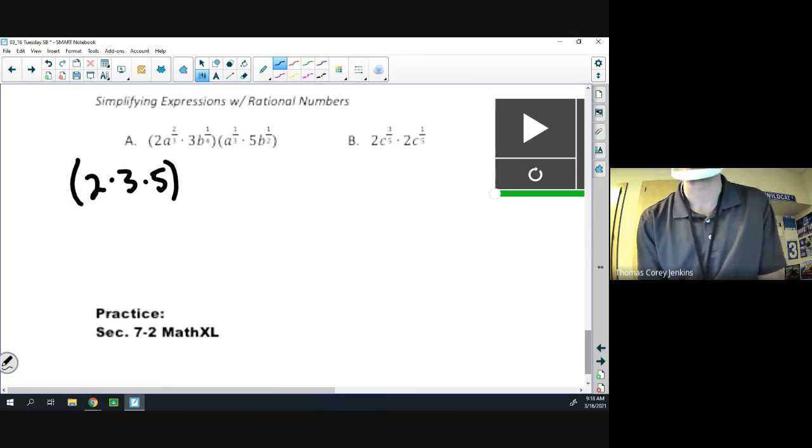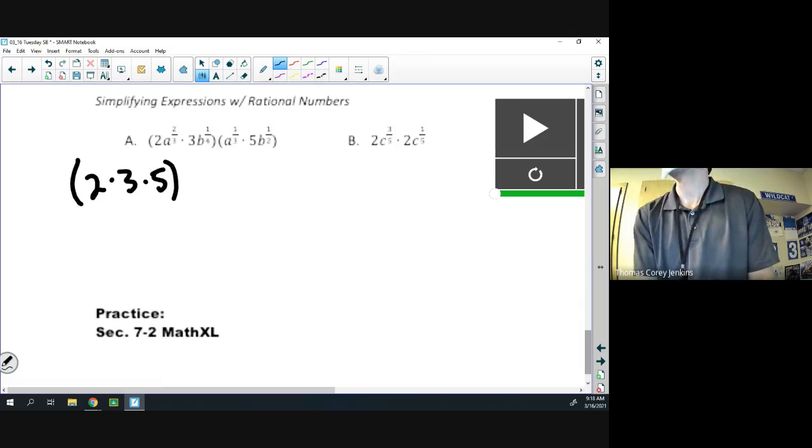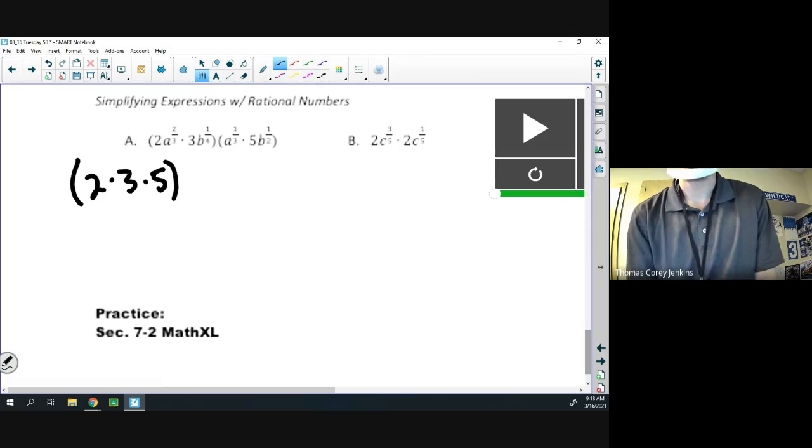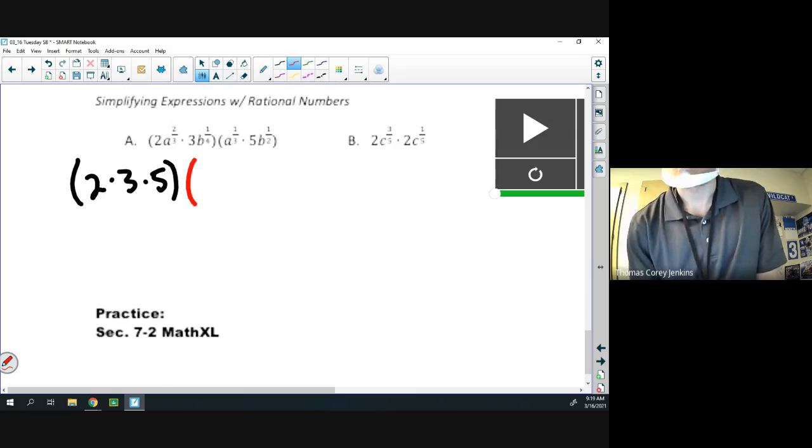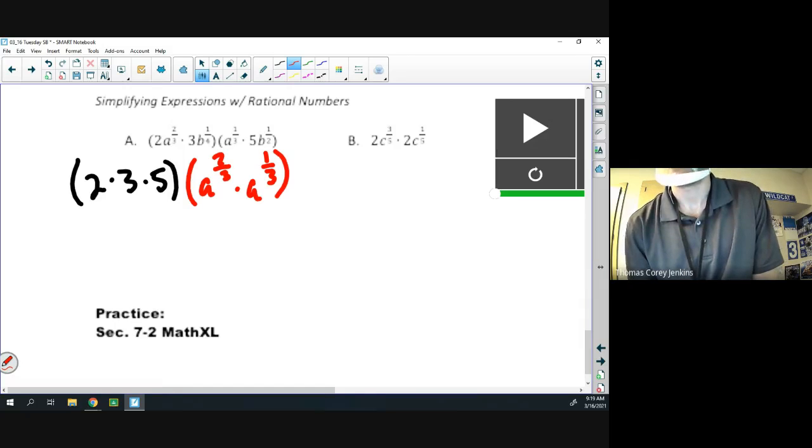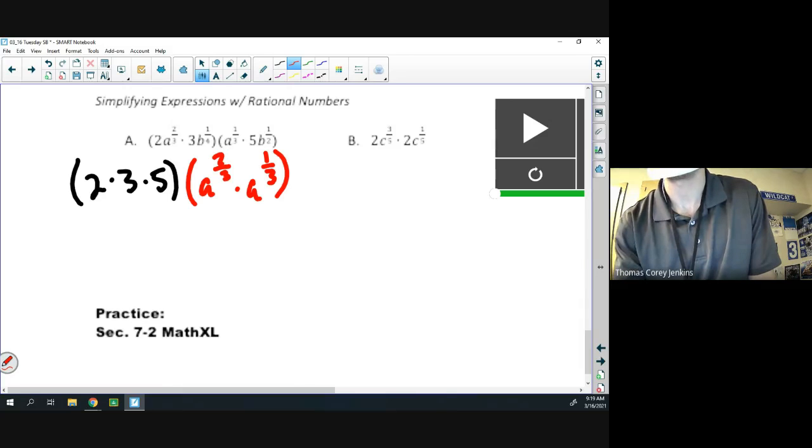Notice I just ignore those parentheses; they don't really mean anything as far as multiplication goes. Then I have a to the 2/3 times a to the 1/3. And then I have b to the 4th times b to the 1/2.